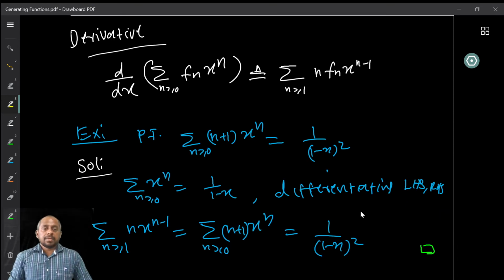Okay, so we can also define the derivative for formal power series in the same way, so that it coincides with the notion that we have in analysis.